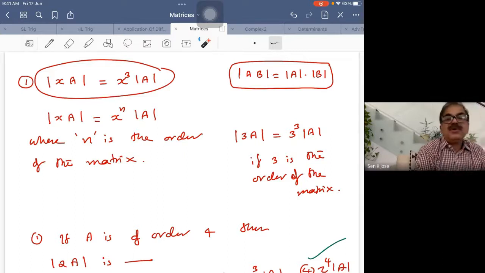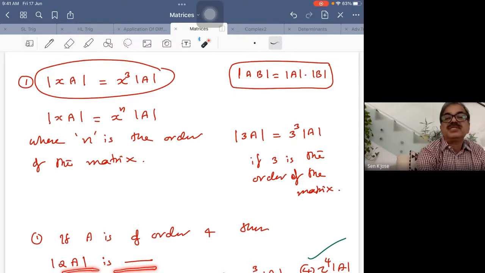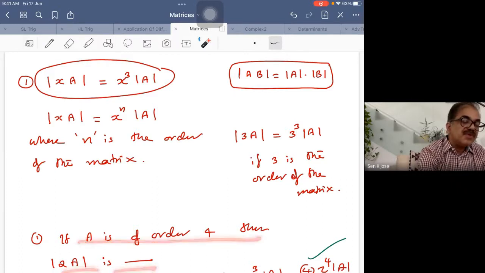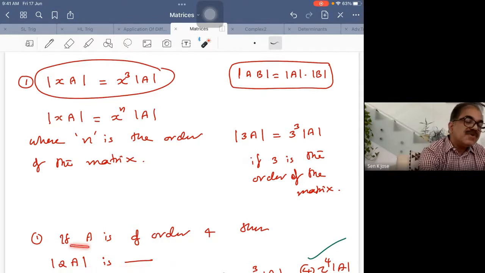Okay, so look at the next question, what I have written there. If A is of order 4, then determinant of 2A is going to be what? Pranavi, if A is of order 4, what is determinant of 2A going to be?